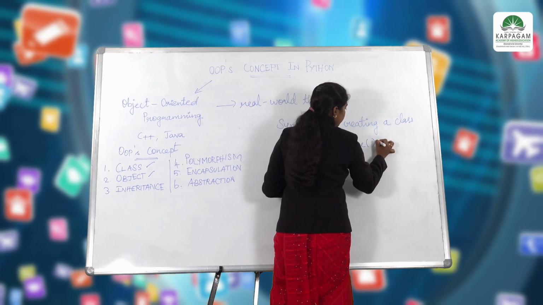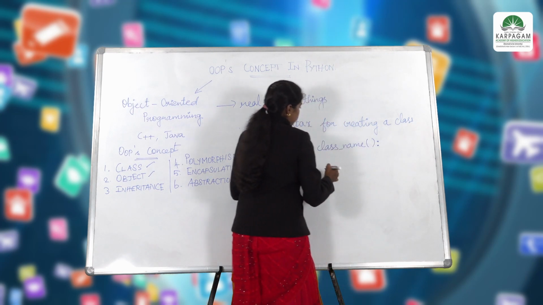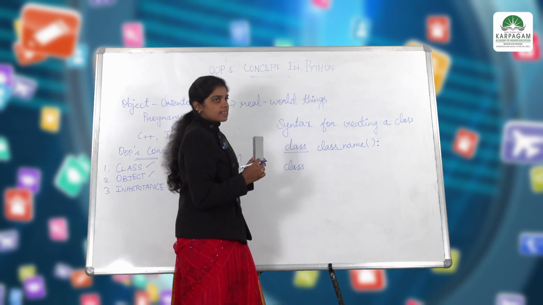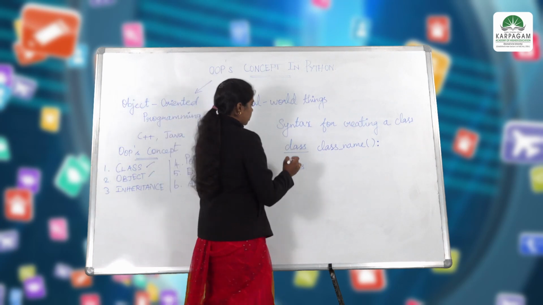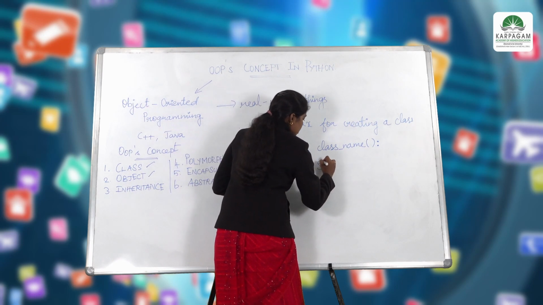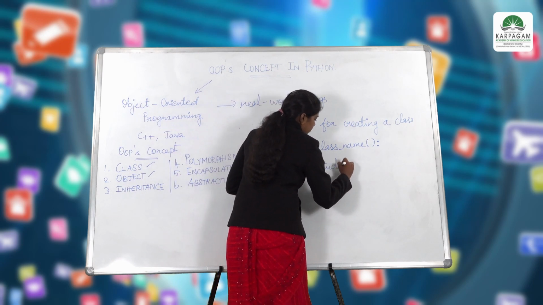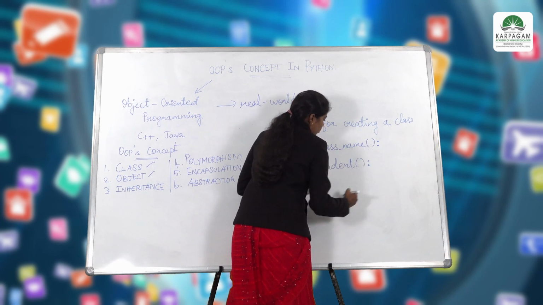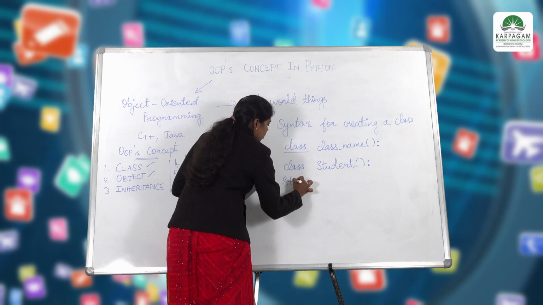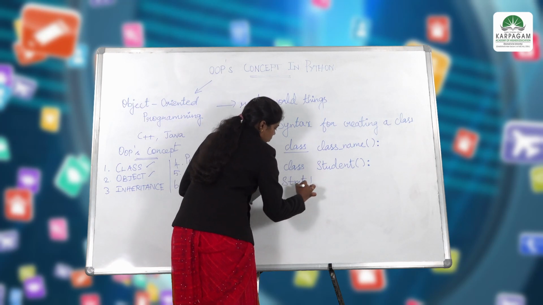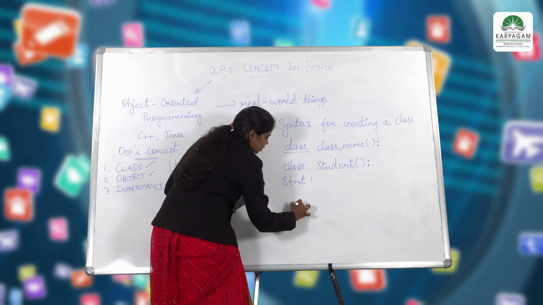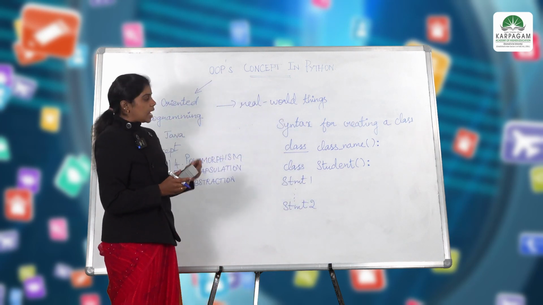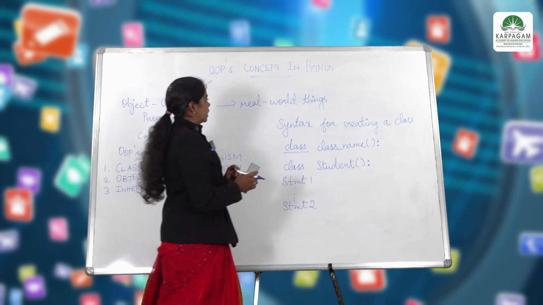After that, there should be a colon. For example, if I want to create a class related to a student, we'll give it as class student. After that, we can give several statements. Statement 1, statement 2, and so on. So, this is the basic idea for class.